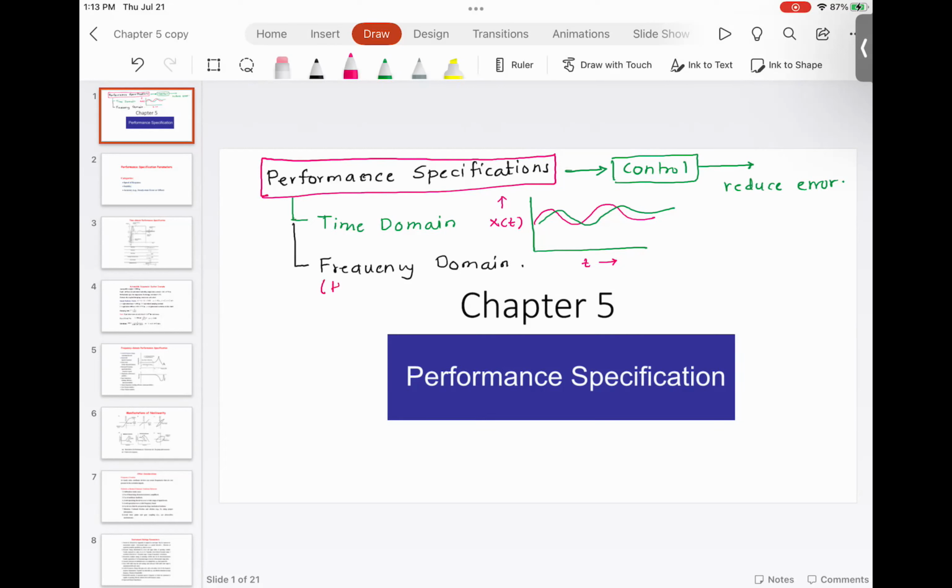So we want to find out how does the system respond to changing frequencies, to input with changing frequencies.